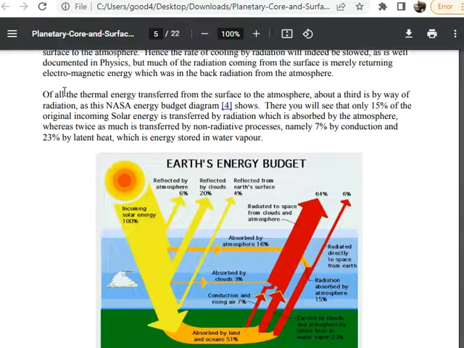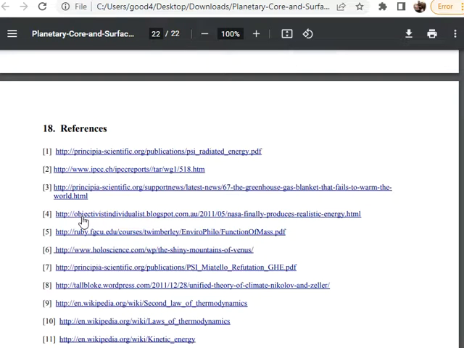Okay, here though he says this is the NASA energy budget diagram, which comes from a website, objectivistindividualist.blogspot.com. NASA finally produces realistic energy.